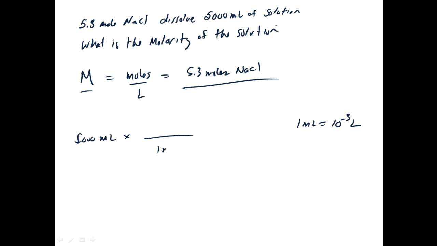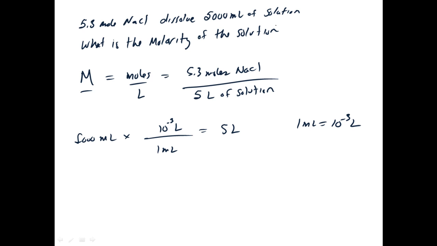So 5,000 times 10 to the negative 3 would give us 5 liters. So if I take 5.3 moles of sodium chloride and I divide it by 5 liters of solution, that will give me the molarity of the sodium chloride in this solution.